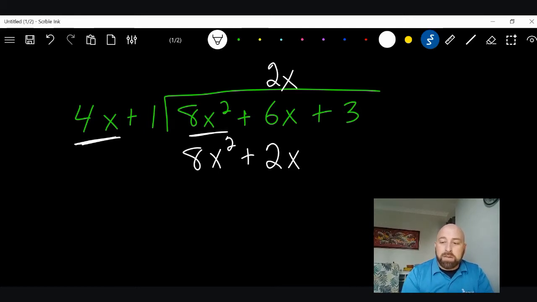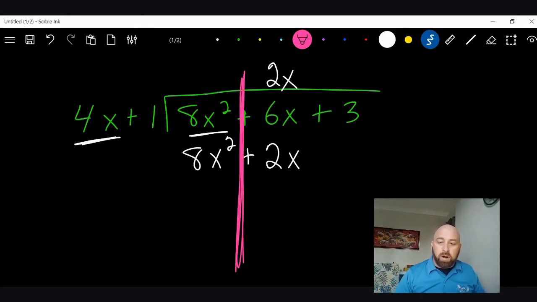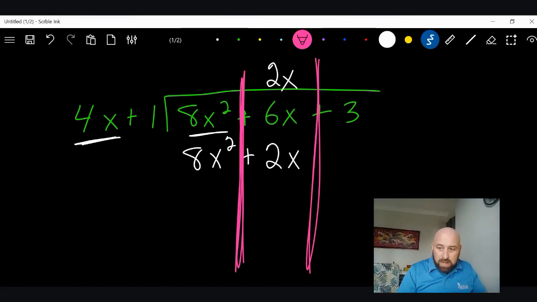Now, let me show you why I wrote that 2x above the 6x. Because we want to keep all the x squareds in one column. We want to keep all the x's in one column, and then we want to keep all of the no x's, or just the numbers, the constant terms, in the other column.